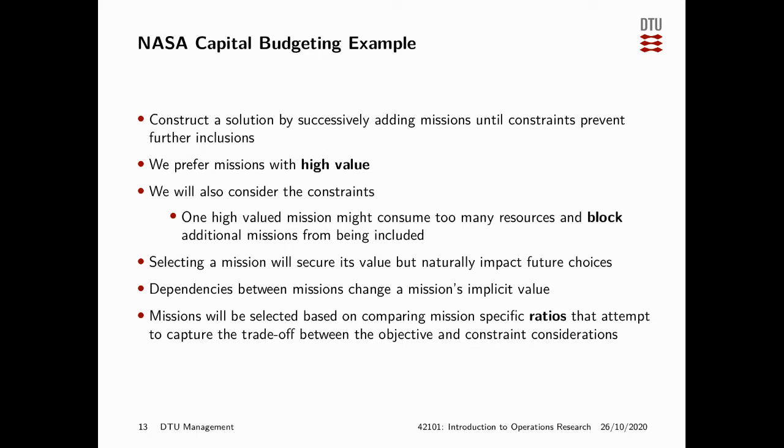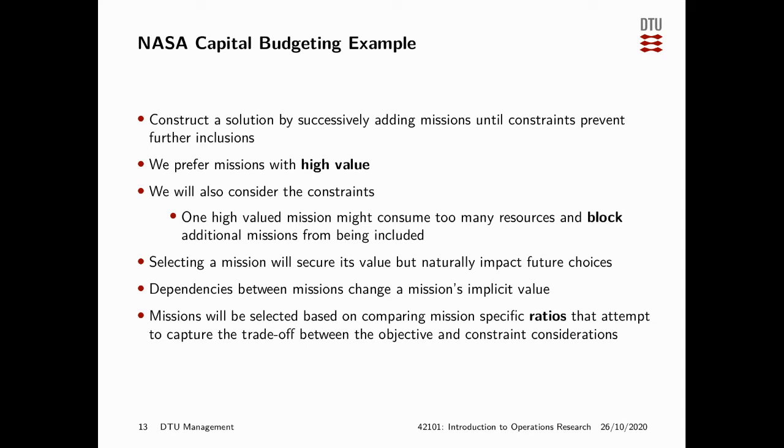Just because a mission has a high value doesn't necessarily mean it is good. It might consume too many of our available resources and prevent us from including other missions. So we would like to try to capture both of these things here, high value and resource consumption.